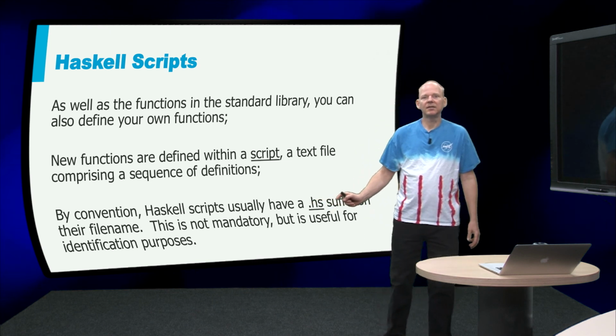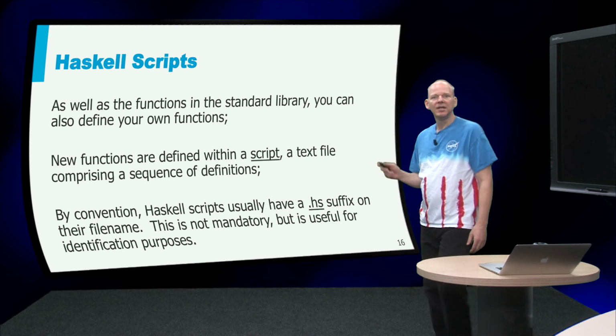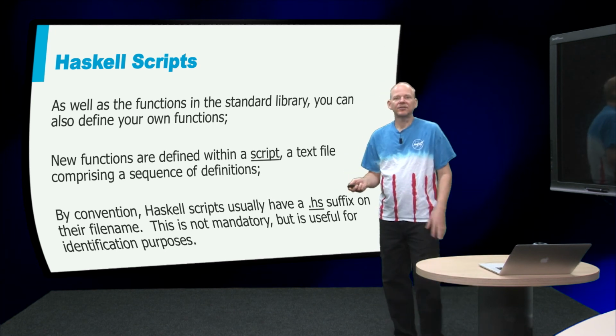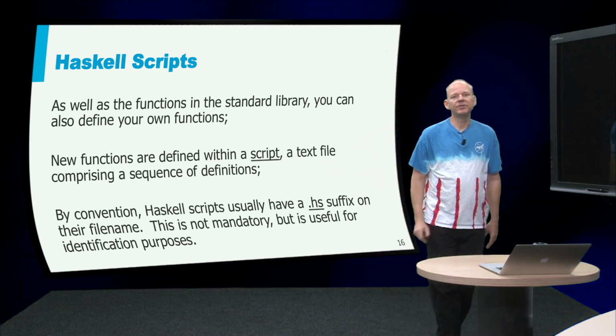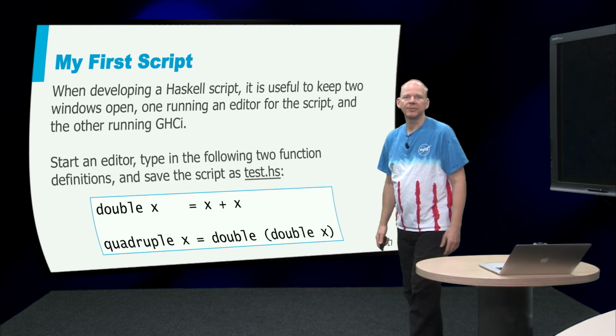A Haskell file is called whatever.hs. Okay? So it's not mandatory, but it's useful, because when you list the files in your directory you can see that this is a Haskell script.